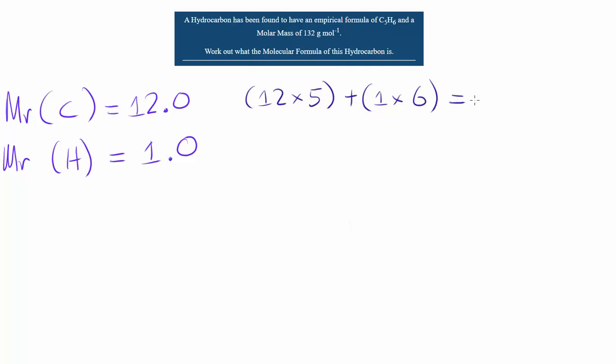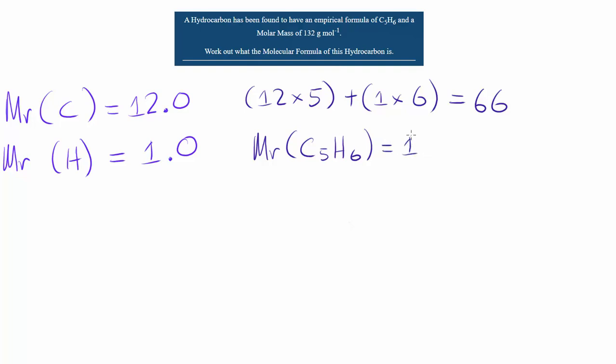Okay, so if you had to go and work that out, what you should have found is you got 66. And based on that, we can say that the MR of C₅H₆ is equal to 132.